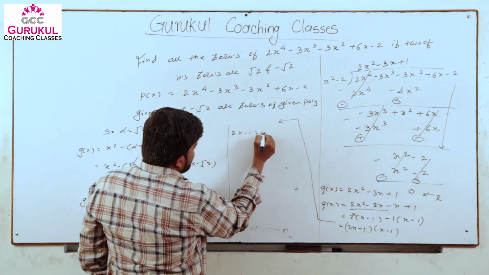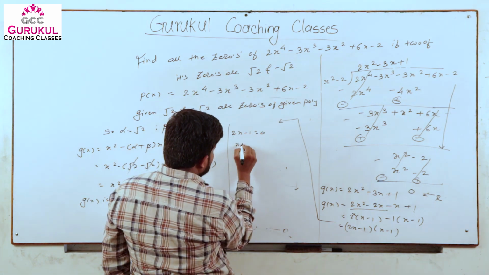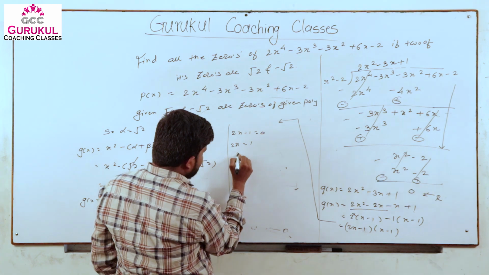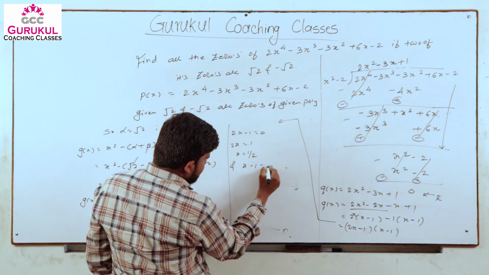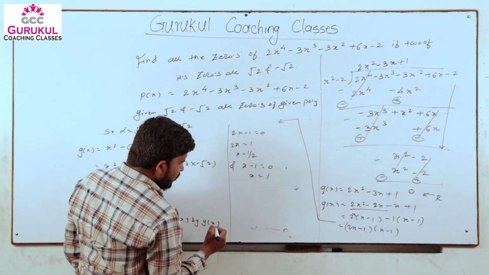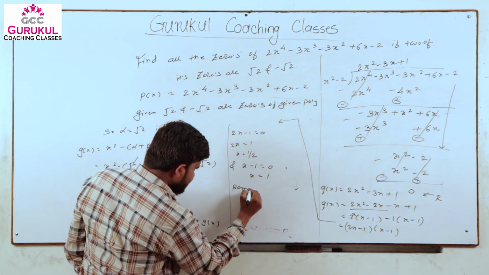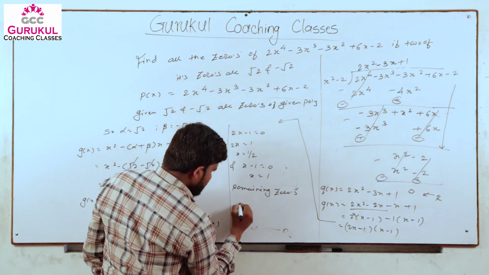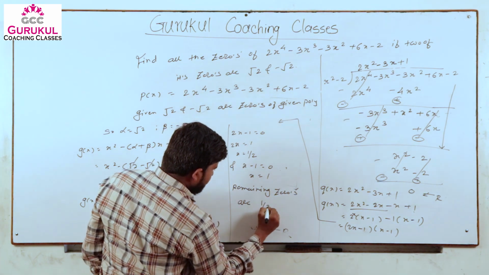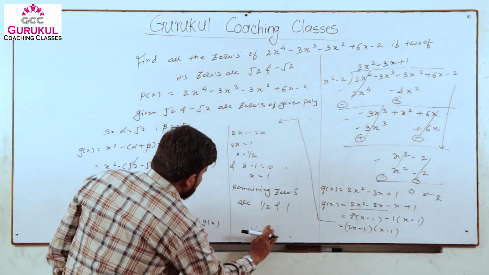So 2x minus 1 is equal to 0, so 2x is equal to 1, x is equal to 1 by 2, and x minus 1 is equal to 0, so x is equal to 1. So the remaining zeros are 1 by 2 and 1.